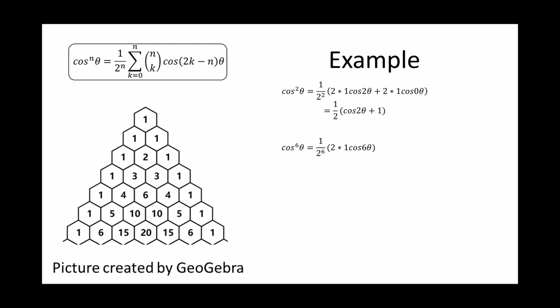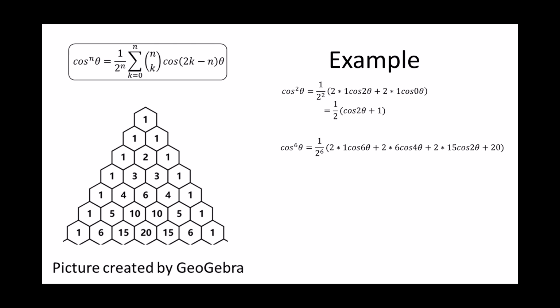The next term is going to be 2 times the second binomial coefficient times cosine of n minus 2 theta. And the third term is then 2 times the third binomial coefficient times cosine 2 theta. So lastly, we add the fourth binomial coefficient in front of cosine 0. But don't multiply by 2, because it only appears once, as you can see in Pascal's triangle.